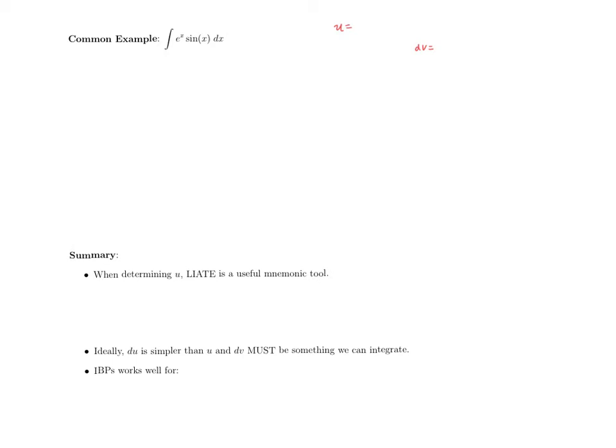In this case, we can anti-differentiate both functions, and neither of them really becomes simpler when you differentiate. So either choice would work perfectly fine. I'm going to let u be e to the x and dv be sine of x. This forces v to be minus cosine and du to be e to the x.